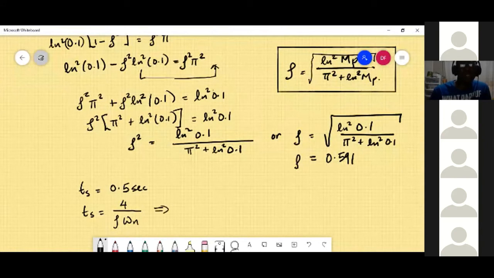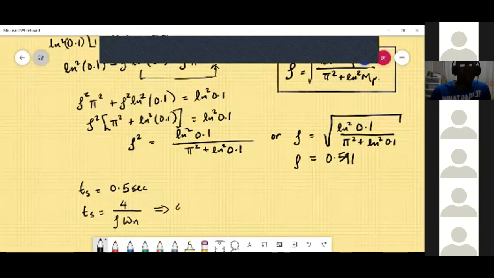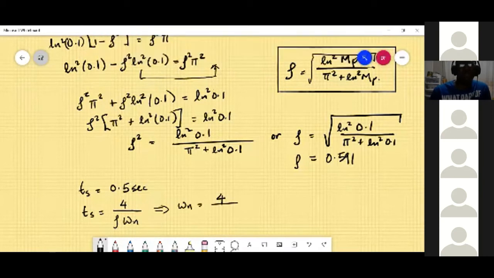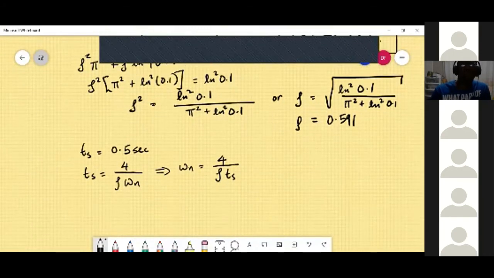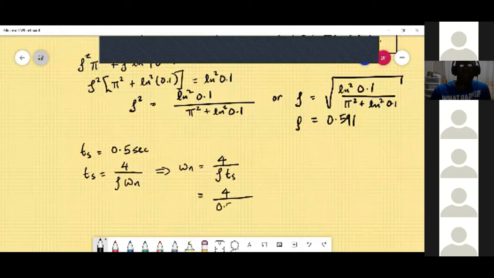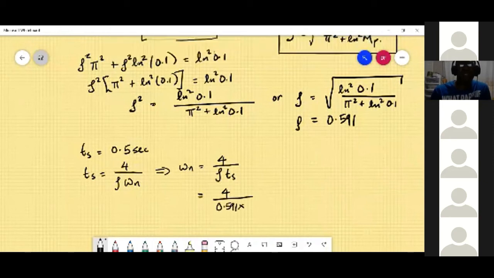So if we make omega n the subject of the formula here, omega n would be equal to 4 over the damping ratio times the settling time. So this is 4 divided by the damping ratio, which we just calculated as 0.591, times the settling time, which was told as half a second.